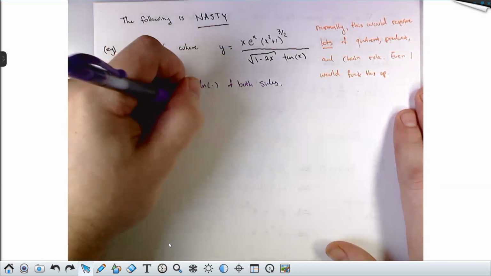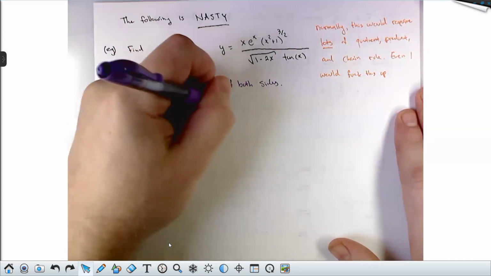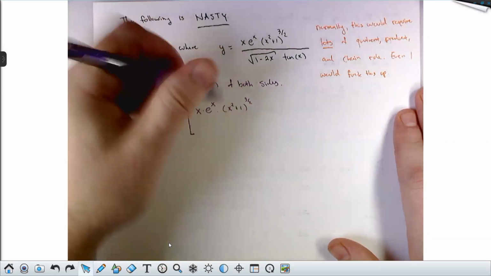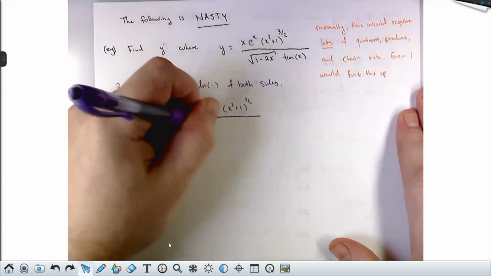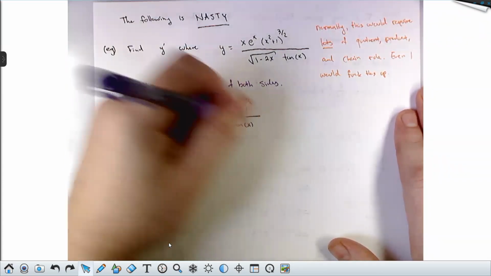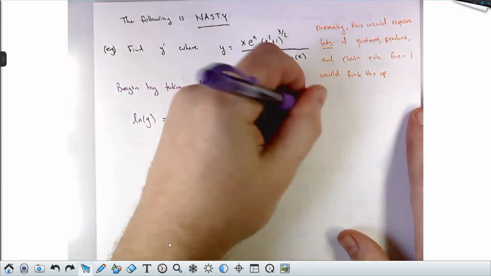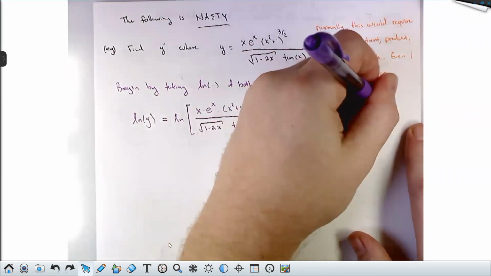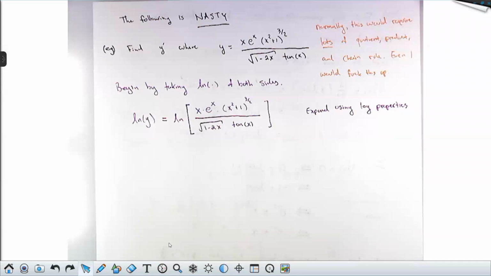Well, doesn't that just give us more work? No. Because I can use properties of logarithms to expand this. I'm going to expand using the log properties, then differentiate.